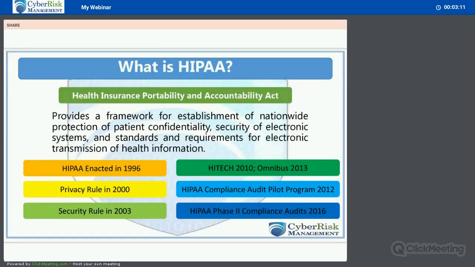What they learned was that compliance with the Omnibus and HITECH changes was very poor. So the Office of Civil Rights, who manages HIPAA, was able to request and receive additional funding in 2016 to do Phase 2 compliance audits. That's where a lot more audits were done than just the original 300. They were really looking to see what advancements were made in protection of patient data, EPHI.